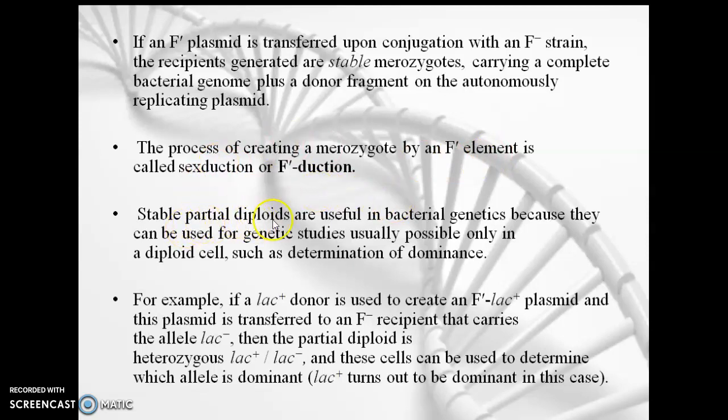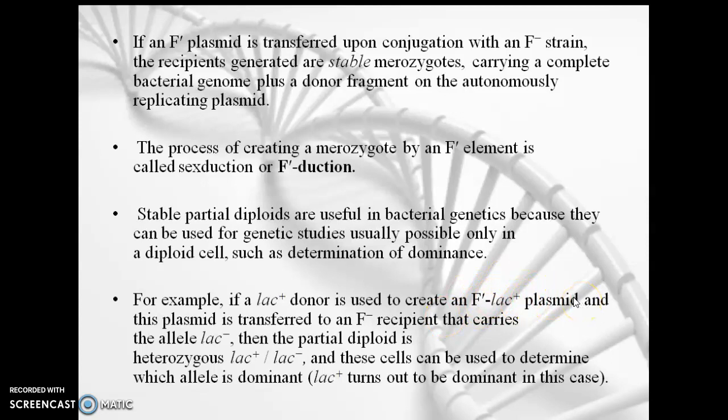And stable partial diploids are very useful in bacterial genetics because they can be used to study dominance, to determine which allele is dominant. So it is very important for genetic studies in bacterial genetics. For example, suppose the donor is LAC positive, and that is used to create an F prime LAC plus plasmid.